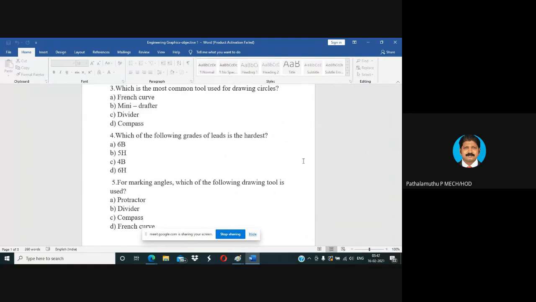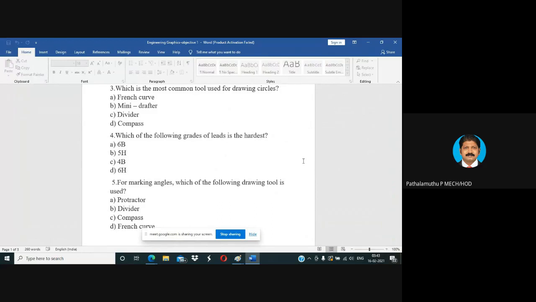So the answer is D for the fourth question. If the same question asked the softest one, the answer would be 6B. But here it asks the hardest, so 6H, D is the answer.